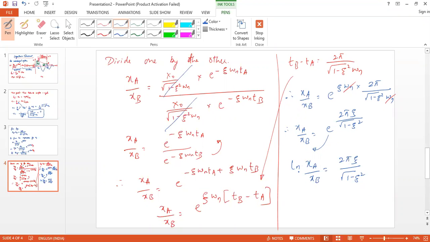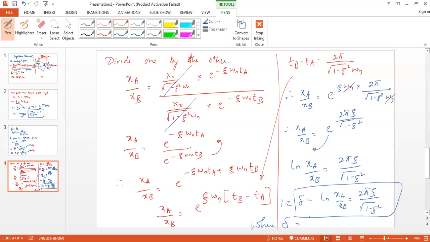We call this delta, that is equal to ln of XA by XB, that is equal to 2 pi beta by root of 1 minus beta square, where delta is the logarithmic decrement, and it is denoted by delta.